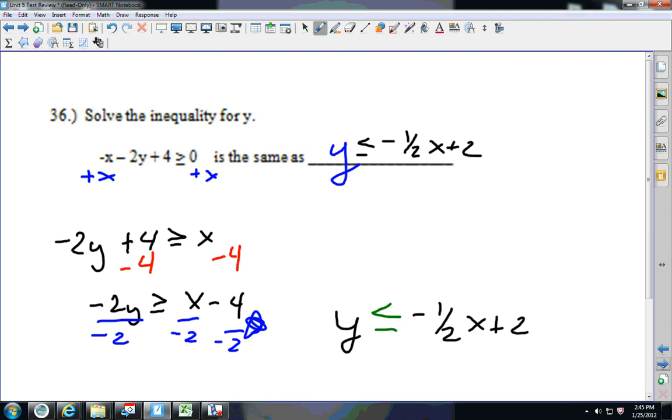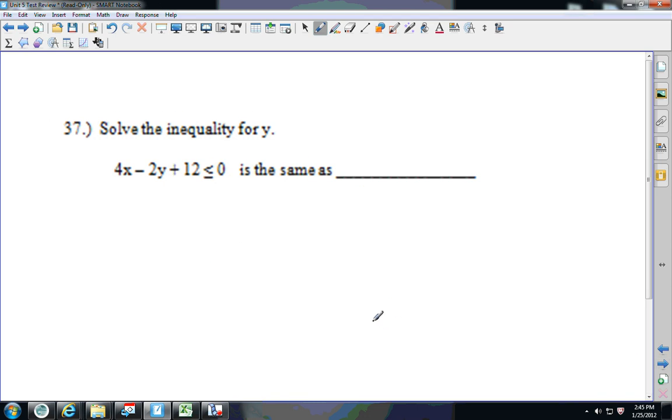The next one. Here's the next one. We want to solve for y again. I'm going to subtract 4x from each side. I get negative 2y plus 12 less than or equal to negative 4x. I'm now going to subtract 12 from each side.